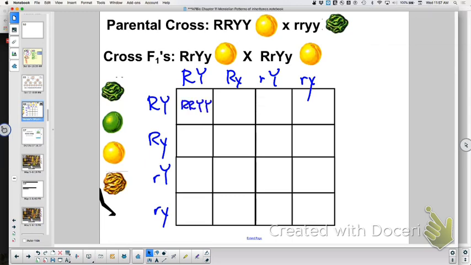Do you agree with that? Yes. Phenotypically, what will that look like? Round and yellow. Here we go. Round and yellow, round and yellow, round and yellow. What would this one be? Do the genotype in your head, now tell me the phenotype. Round and yellow.